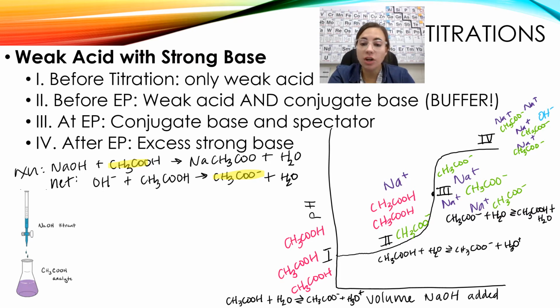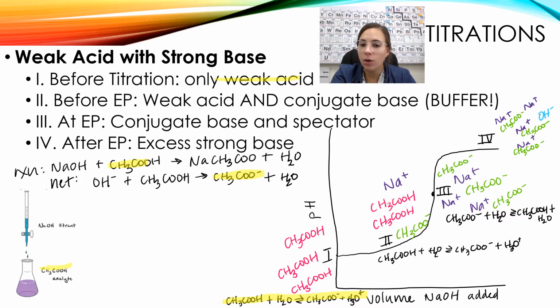So that's a major difference here. Okay, so when we start, all we have in this flask is acetic acid. So in the beginning, we just have a weak acid. So the equilibrium that is occurring is acetic acid plus water creates the acetate ion and hydronium. So this is going to be a normal weak acid equilibrium. In region 2, so before we reach our equivalence point, some of our weak acid is going to have been converted into weak base, into its conjugate.